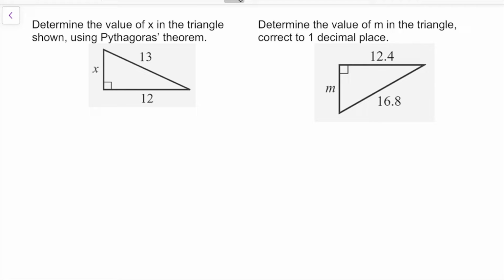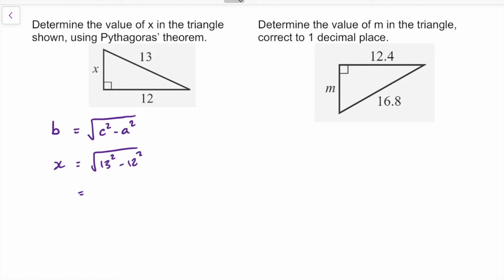Find the value of x using Pythagoras' theorem. So if we start with the one that we said, b equals the square root of c squared minus a squared, we've got x in there for b, and then we're going to have 13 squared minus 12 squared.